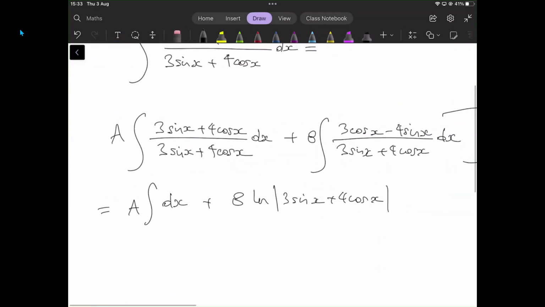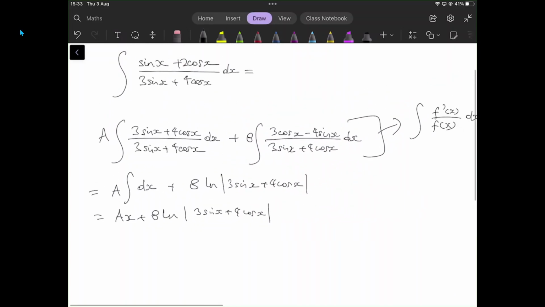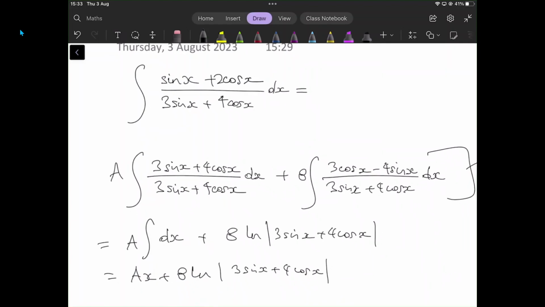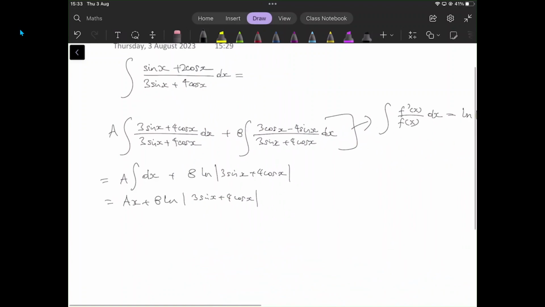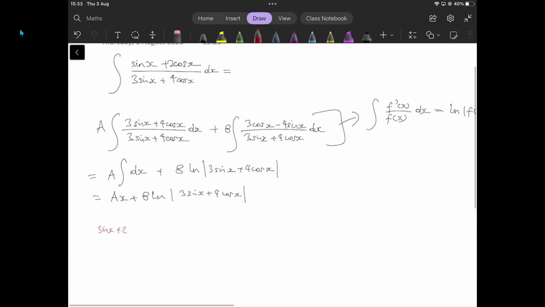And of course we have ax plus b log of all of that stuff, and then in order to find the values of a and b, we would do this. It's just equating coefficients. The fact that the first line is equal to the second line implies that, I'll just use a different color for now, there we are, red. So we have sine x plus 2 cosine of x is equal to a lots of 3 sine x plus 4 cosine of x plus b lots of 3 cosine of x minus 4 sine of x, right?